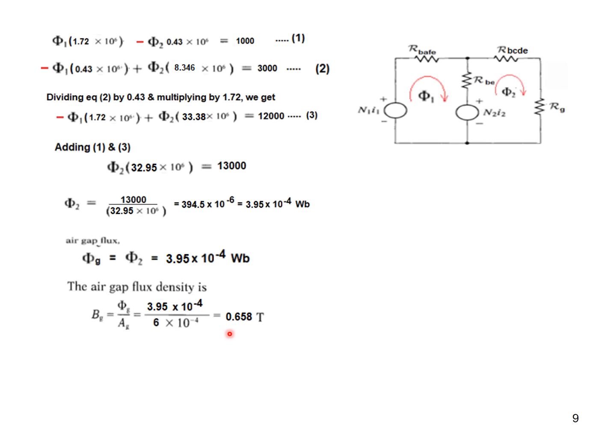So the answer is 0.658 Tesla. And then the magnetic field intensity is given by Bg over mu naught. So dividing the two, we get 0.523 10 raised to the power 6 ampere turns per meter. So I hope you understand this. This is slightly lengthy, but this will give you a full understanding. Thank you.